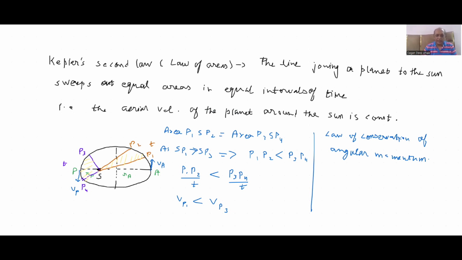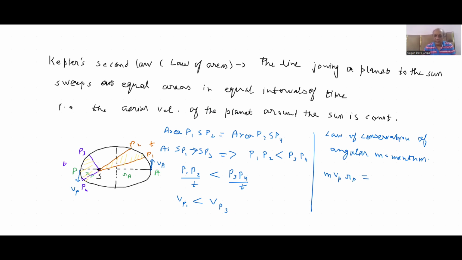The angular momentum of the planet at perihelion position, linear momentum m vp multiplied by distance rp, will be equal to the angular momentum at aphelion position, which is m va multiplied by ra.